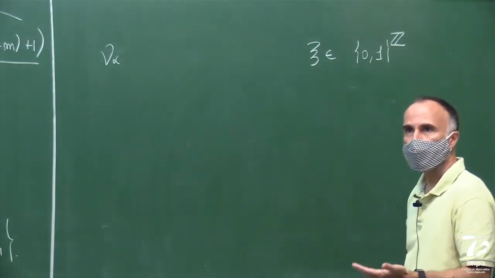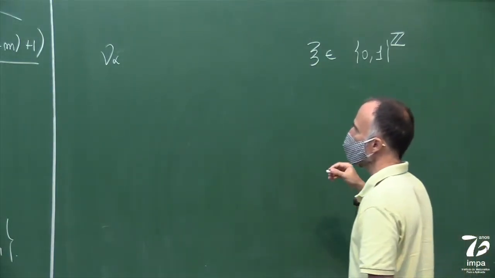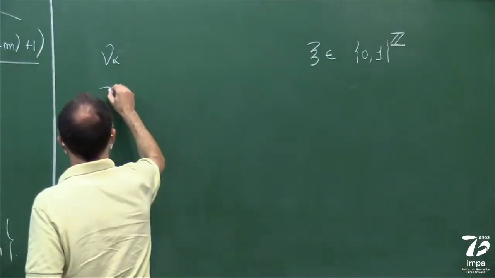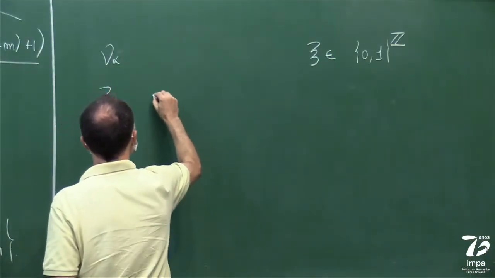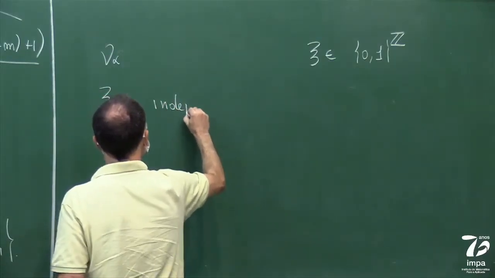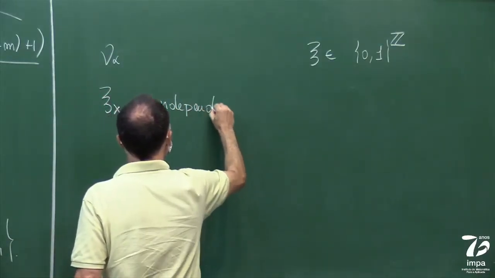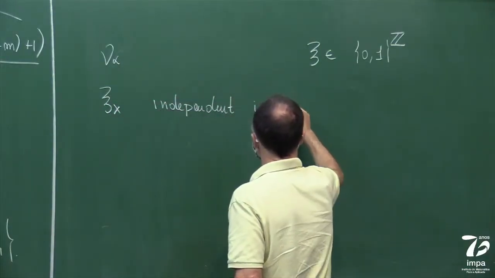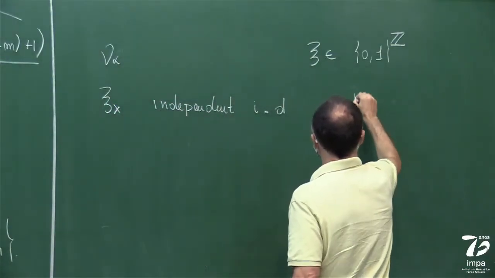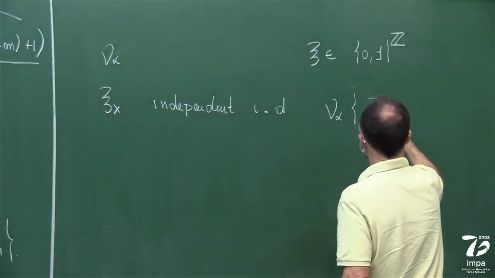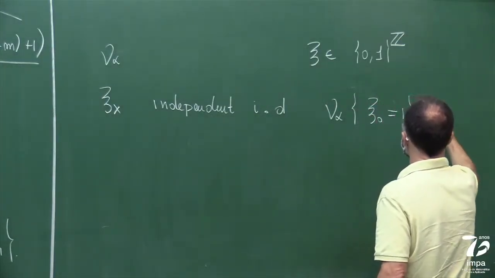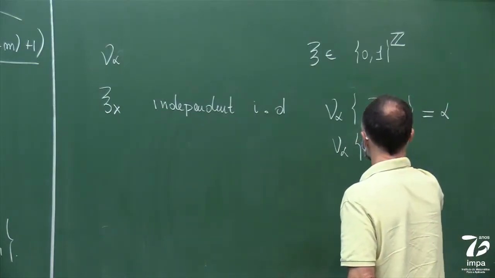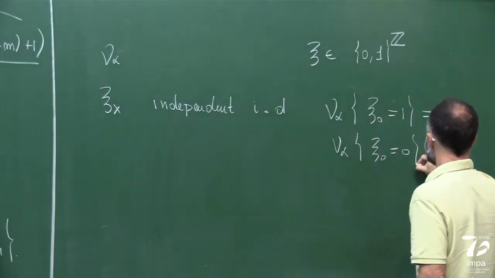And how do I characterize this measure? Well, under this measure, the variables xi x are independent. And they are identically distributed. And the probability that xi 0 is equal to 1 is alpha. And the probability that xi 0 is equal to 0 is 1 minus alpha.